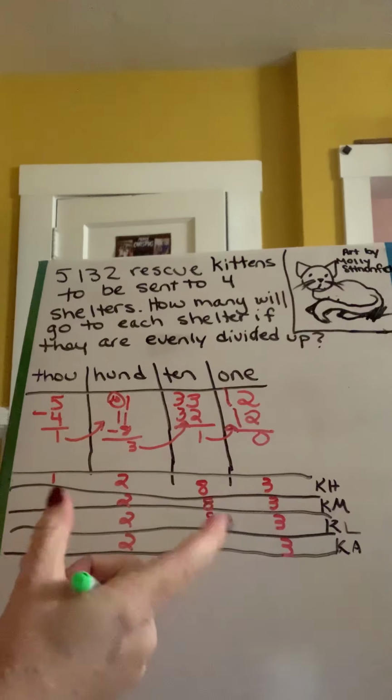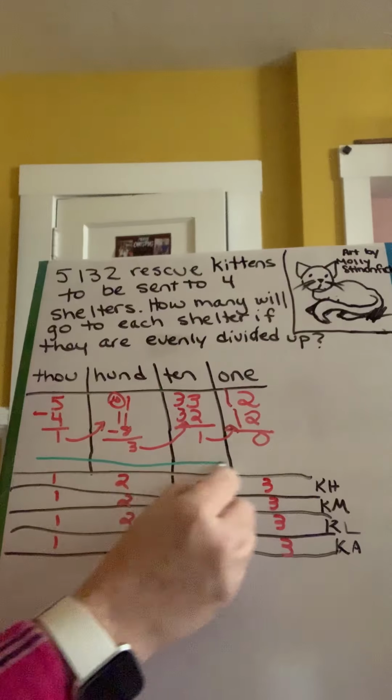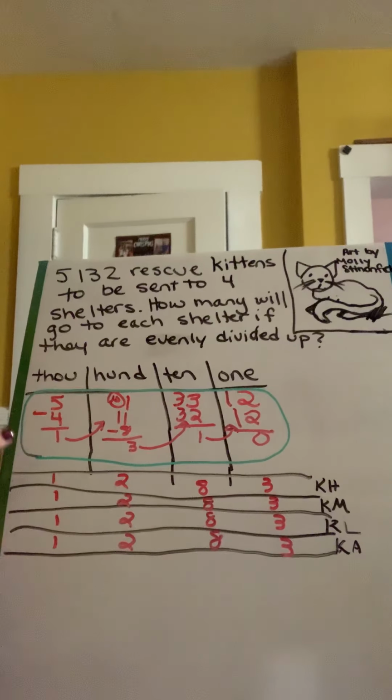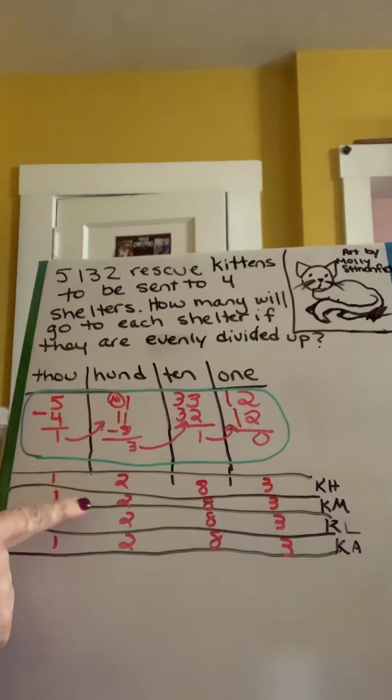Now let's look at this using the standard algorithm and notice the similarities, actually. And this part right here is going to come back, and that part is really important because that's going to show us the standard algorithm. But guess what? Doing this here, you just did the standard algorithm.